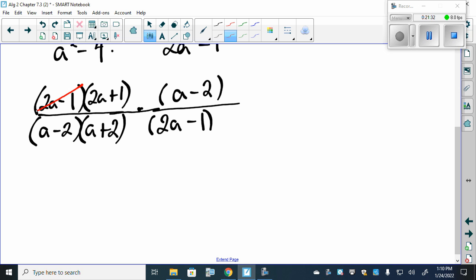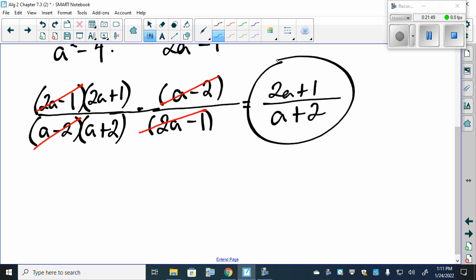We would have 2a minus 1 and 2a minus 1, leaving us with the remaining factors, and that would be it there. Any other questions on these here? Are you ready for the next one? Yes?